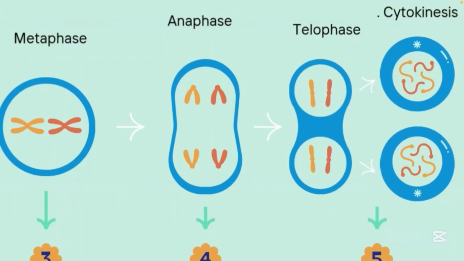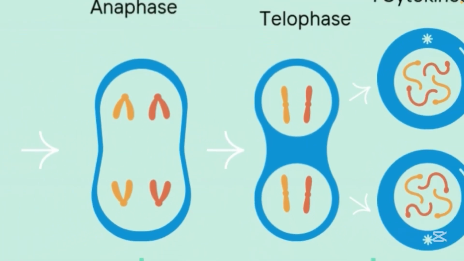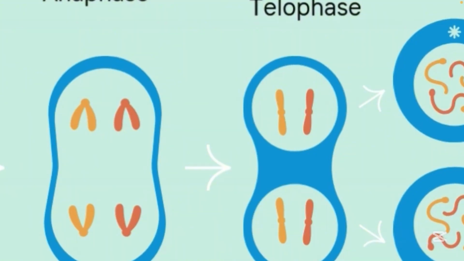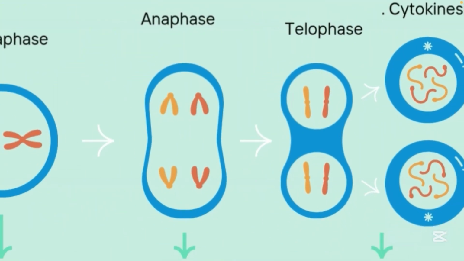Nuclear envelopes form around both sets and 2 identical nuclei are formed here. Over here you can see that the membrane has formed around the nucleus in telophase, but it has not yet created 2 individual cells, rather it has created a membrane around the chromatids, right?